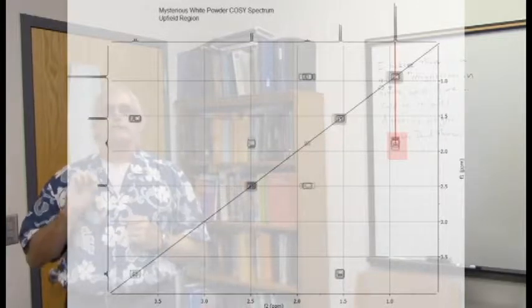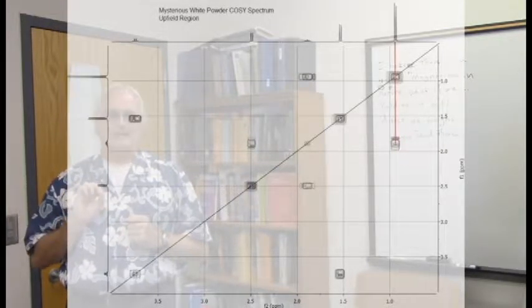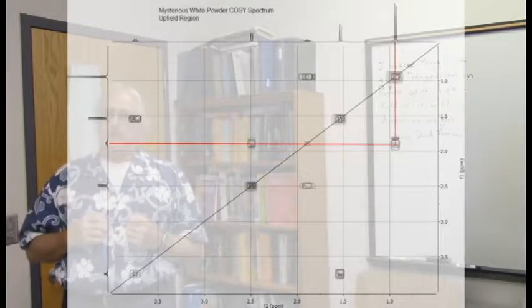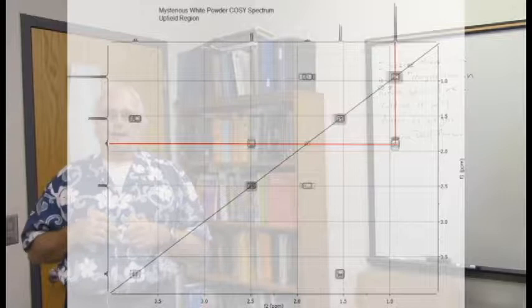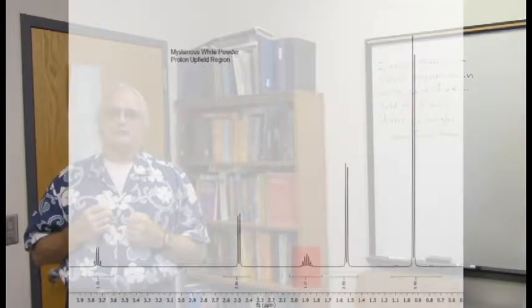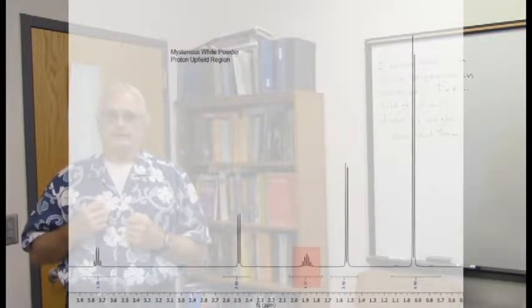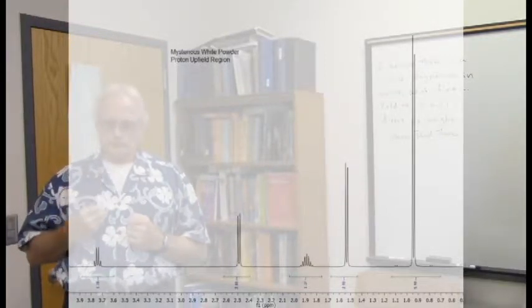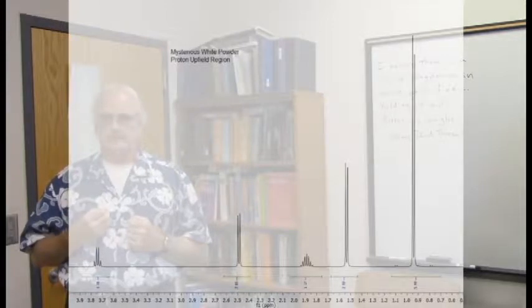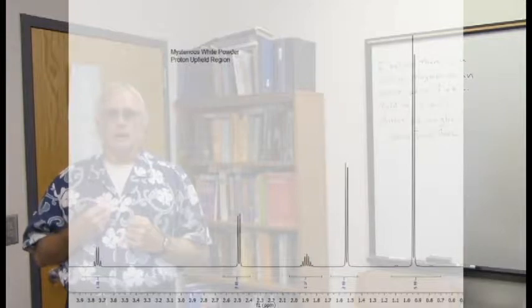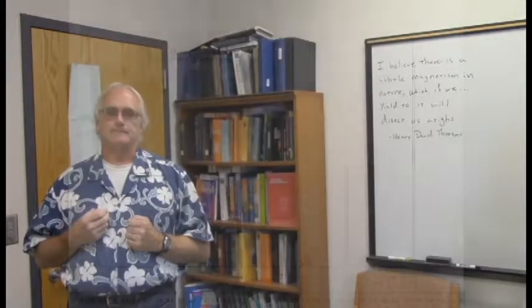What you do then is at the crosspeak, you turn 90 degrees and you go toward the other axis. And when you do that, you find yourself at a resonance that integrates to 1. We seem to have found 1 proton that the equivalent group of methyls is coupled to. And it's not a huge surprise. That group of equivalent methyl groups that integrates to 6 is itself a doublet, implying that it has 1 proton as a neighbor.